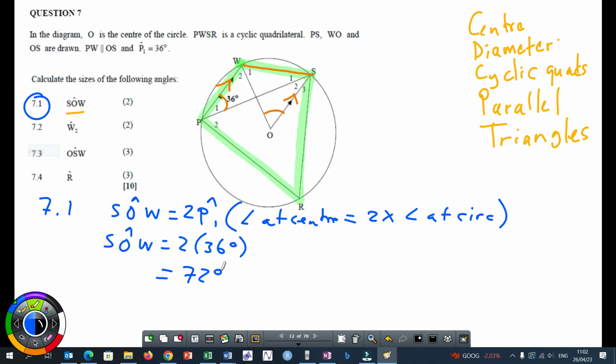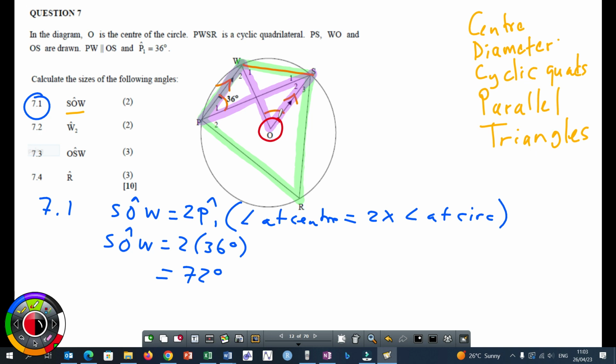Right here, there is a butterfly, yes? This one here. Let me use the highlight. But there's one problem. This angle here is not at the circumference.